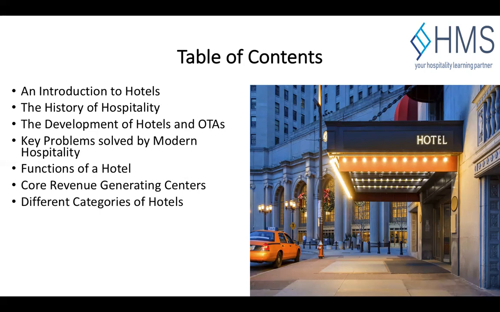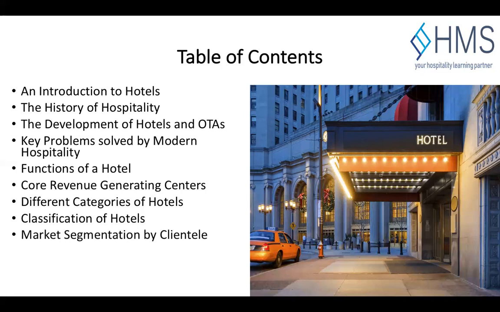Again, we have different categories of hotels, which I will be covering as one of the topics in this module. Thereafter, hotels are also classified differently, and market segmentation is done on the basis of clientele.